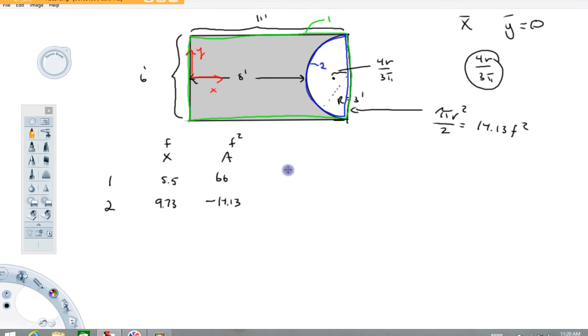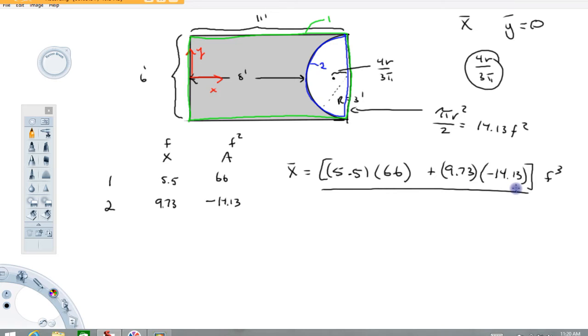Now to get x bar for this geometry, I take the x value for the rectangle, 5.5 feet, and multiply by 66 square feet, plus 9.73 feet times a negative 14.13 square feet. This product comes out in cubic feet.